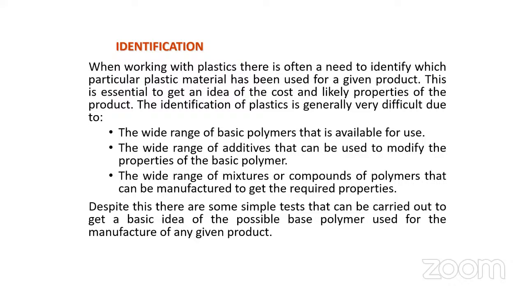Okay, despite this, there are some simple tests that can be carried out to get a basic idea of the possible polymeric material, or you can identify the polymers using basic tests. Okay, what kind of tests are those? So we will see them one by one.